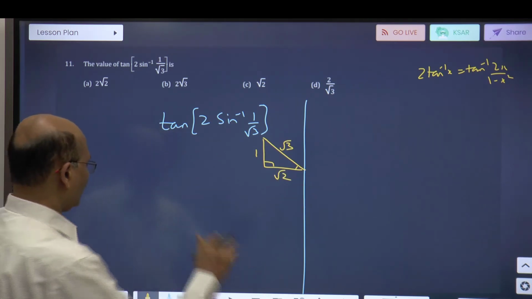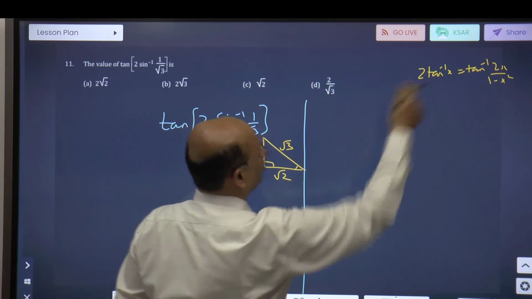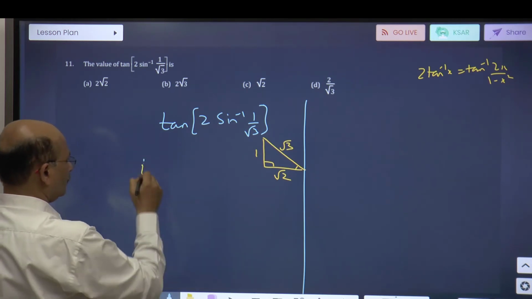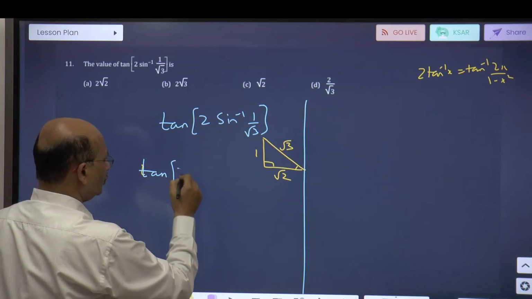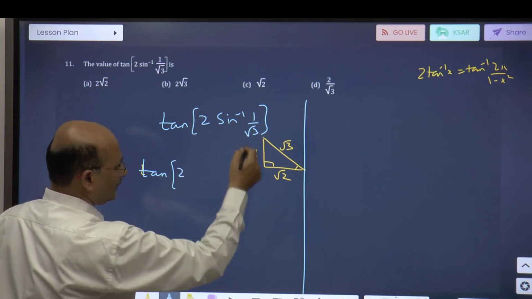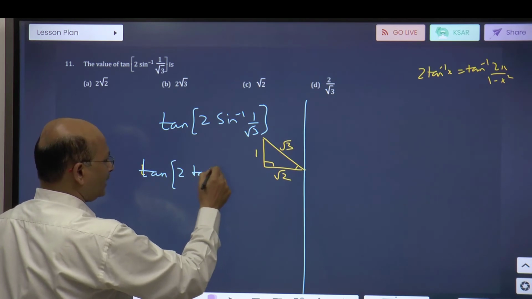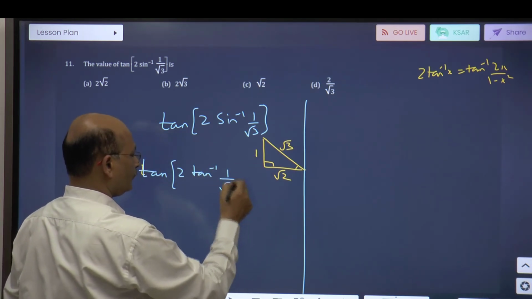Anyway, now don't jump the gun. First, I'll convert this into tan inverse because for 2 tan inverse x I have the formula. So tan of 2 sine inverse 1 by √3. I can write tan inverse. Tan is what? Opposite upon adjacent, 1 upon √2.